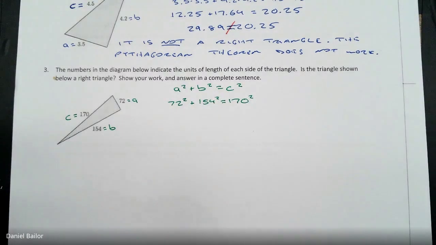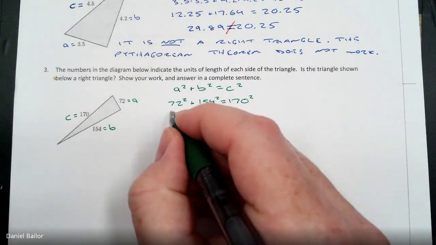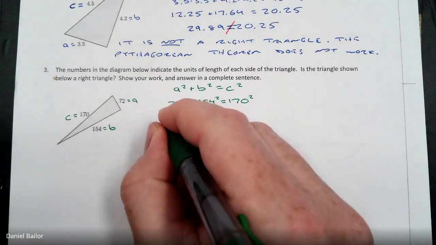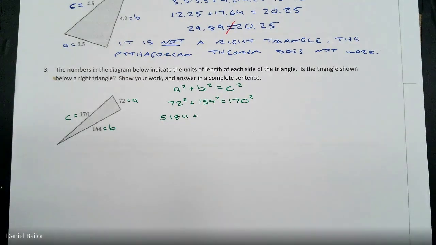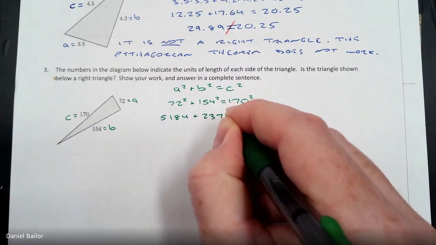So now I need to put these into my calculator. 72 squared, 72 times 72, works out to be 5,184. 154 times 154, squared, ends up being 23,716.